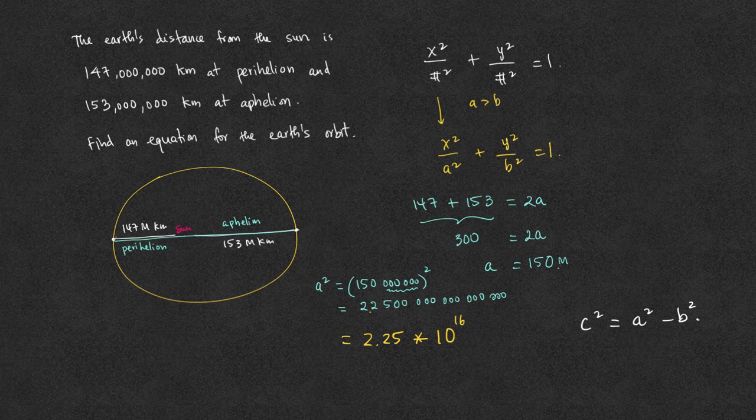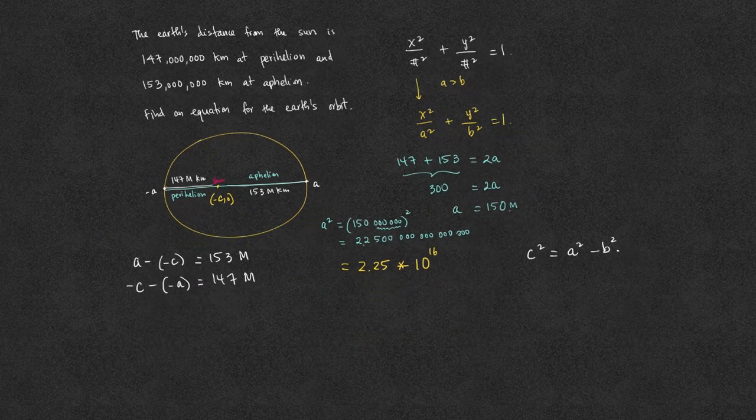And so the Sun is located at negative c, 0, if we were to put the center at the origin. Using the properties of aphelion and perihelion, we see that a minus negative c is 153 million kilometers, and negative c minus negative a is 147 million kilometers.